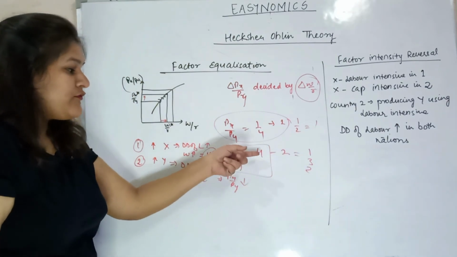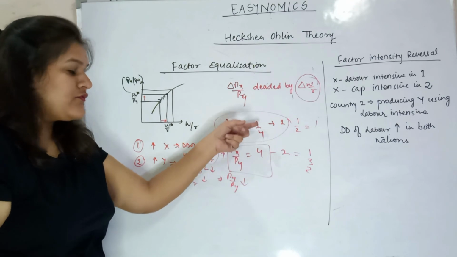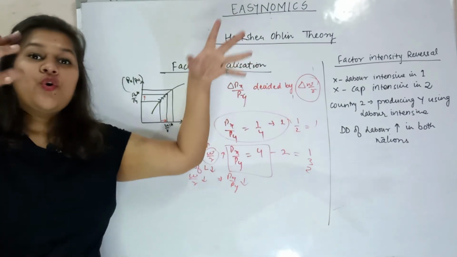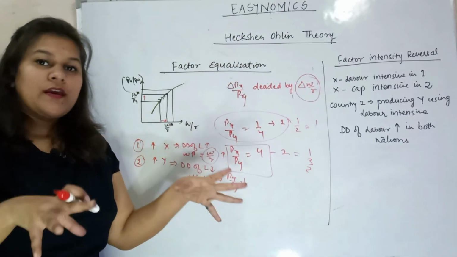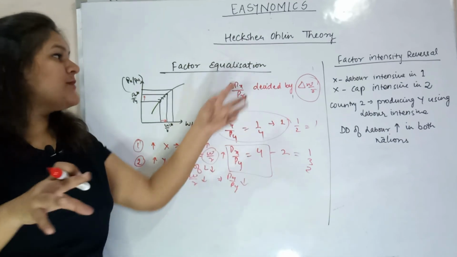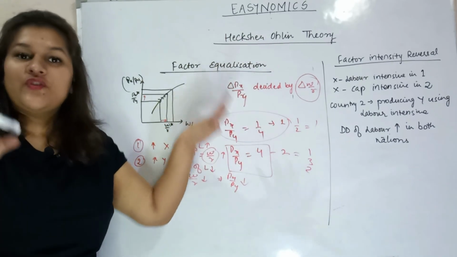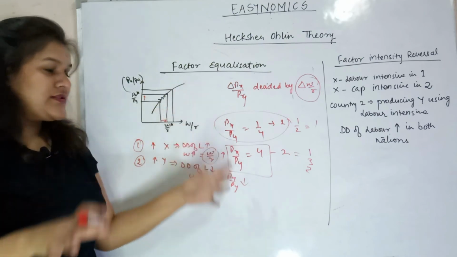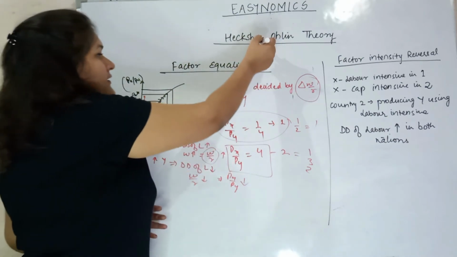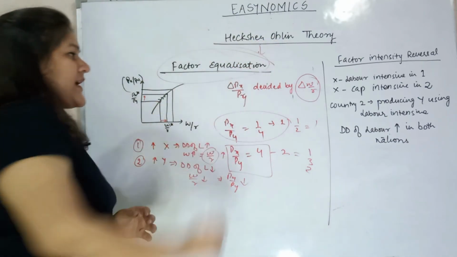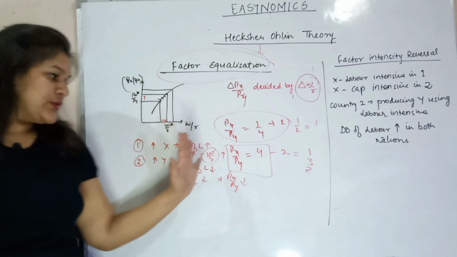So they will come from 4 to 2 and from 1.4 to 2. So their absolute price will become equal in both the countries by using this Heckscher-Ohlin trade theory. This is the concept explained by Heckscher-Ohlin, termed as the factor equalization theory.